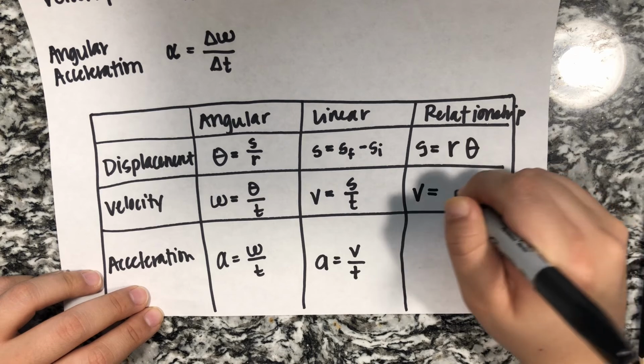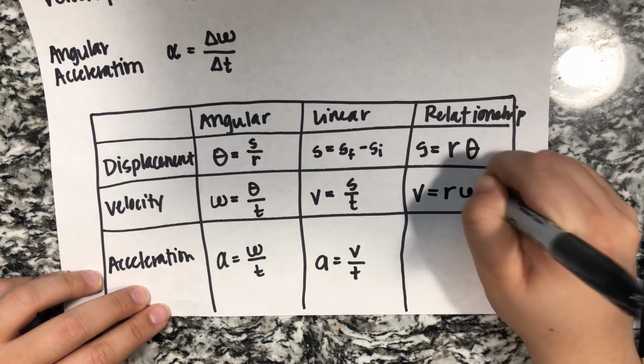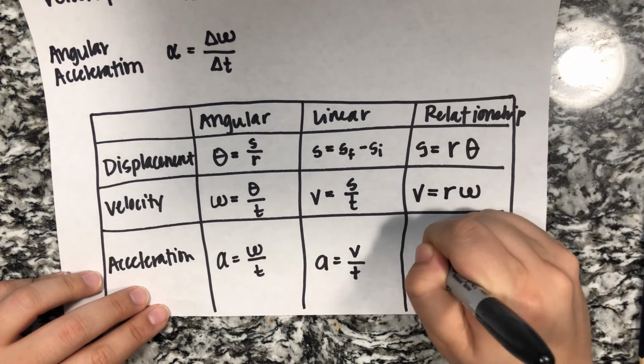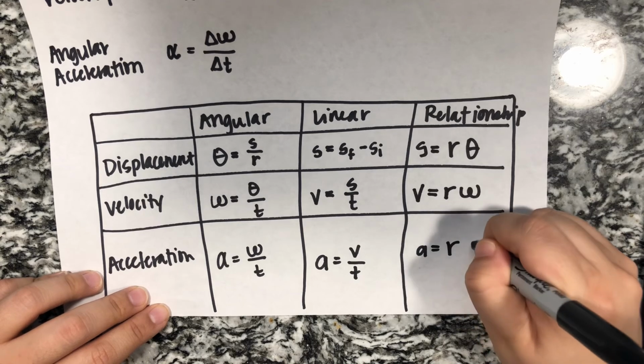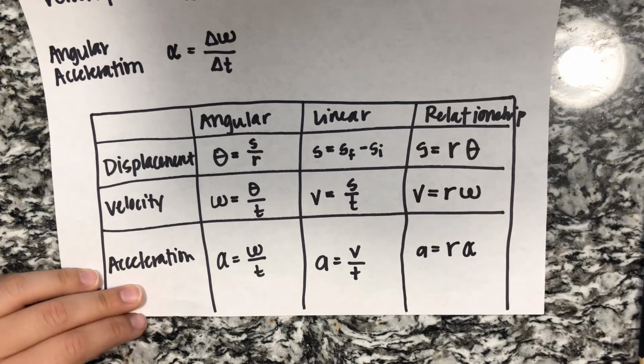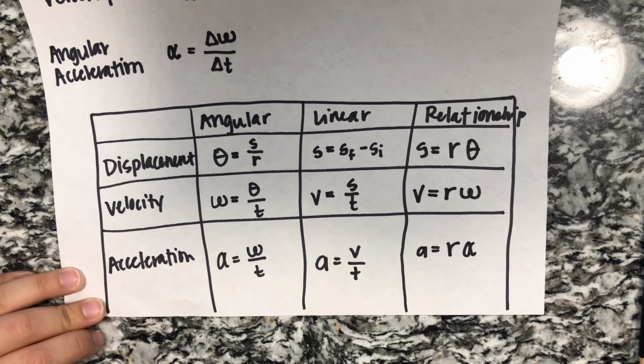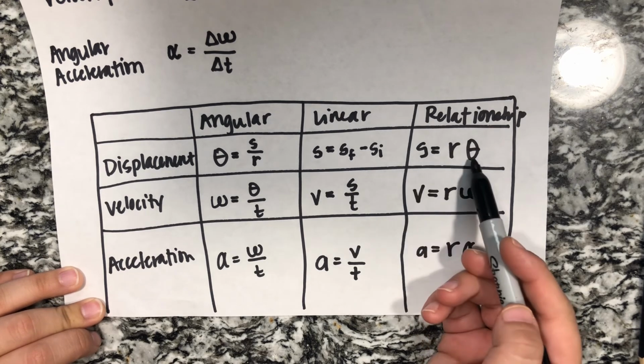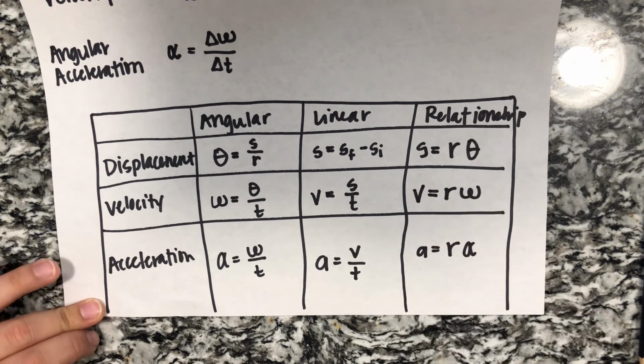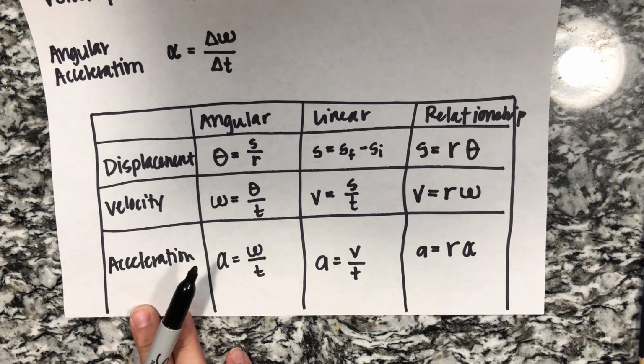Velocity, same thing, r omega. Acceleration, same thing, r alpha. And that is how you can find your linear given an angular quantity.